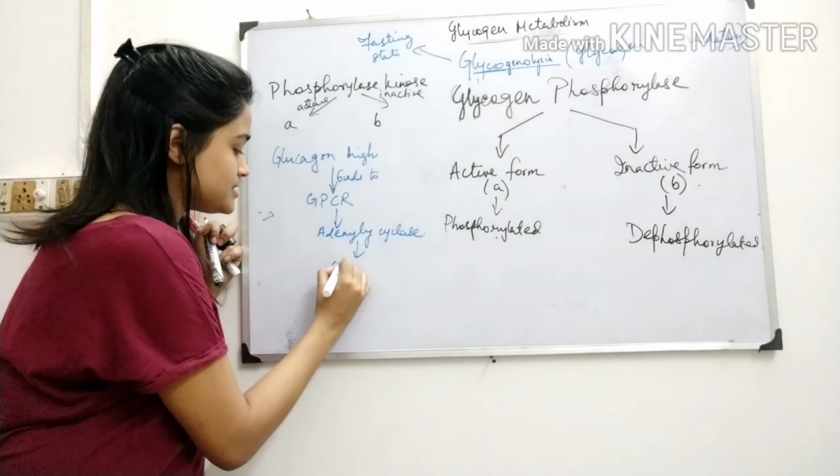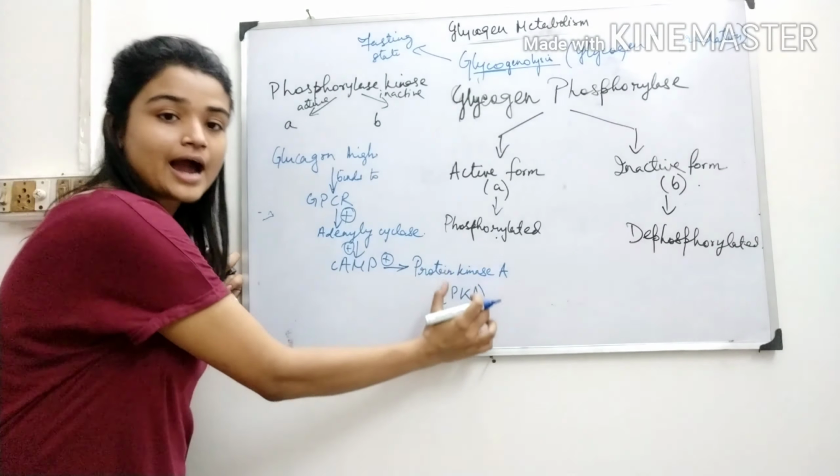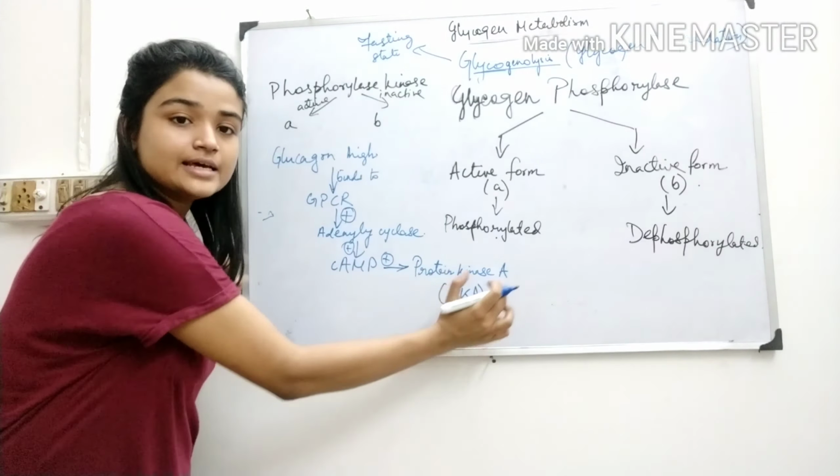This cyclic AMP again activates, so this is all plus sign, protein kinase A. This is PKA, protein kinase A. So kinase, that means its function is to phosphorylate any enzyme. So this will now act on the inactive form of glycogen phosphorylase. This kinase has two subunits.